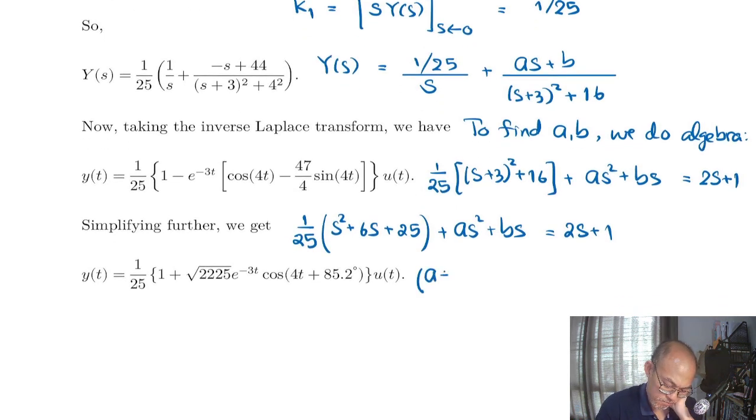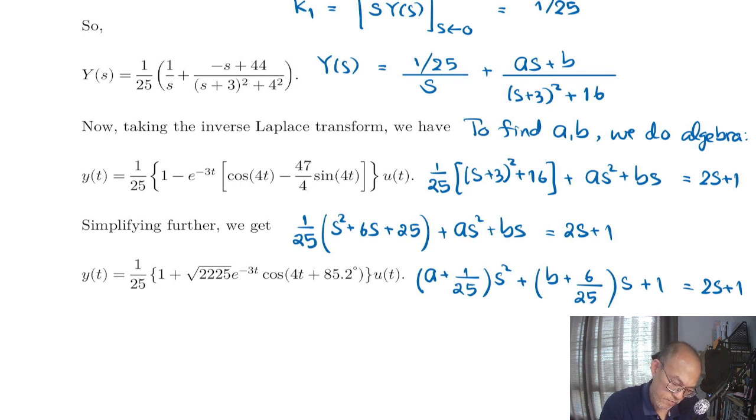I have (A plus 1 over 25) s squared, and then plus (B plus 6 over 25) s, plus 1, is equal to 2s plus 1.